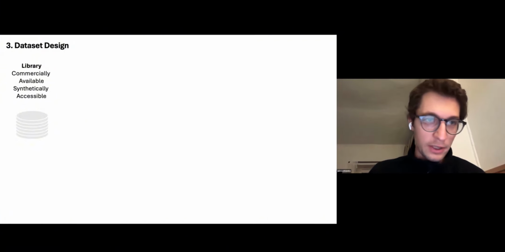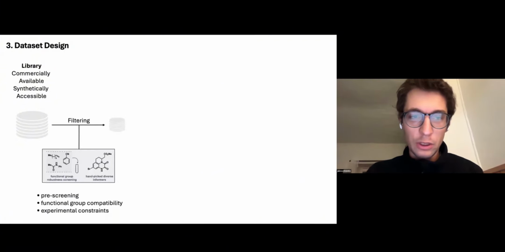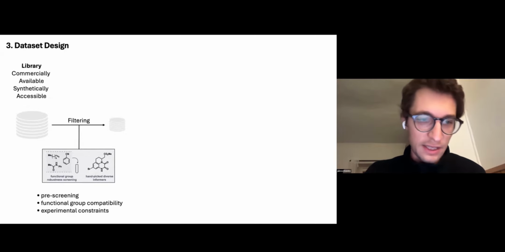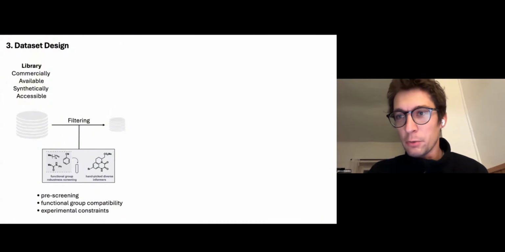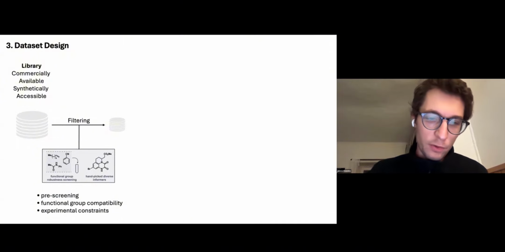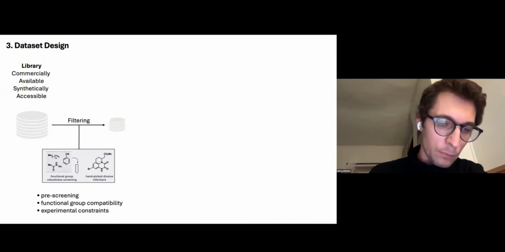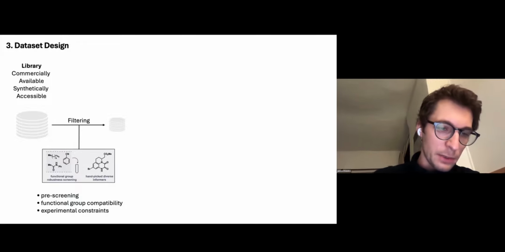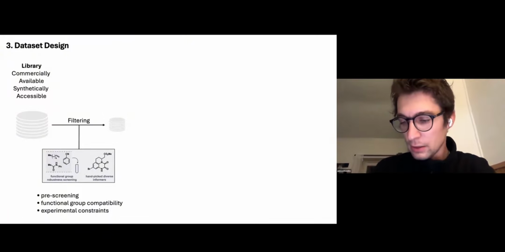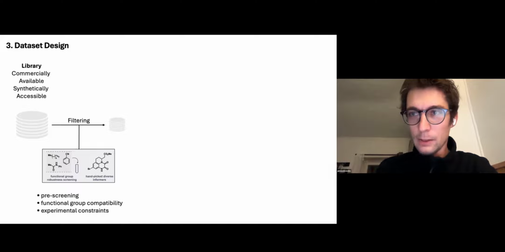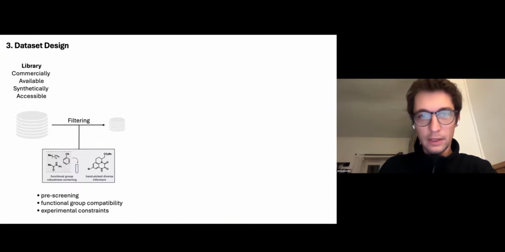And once you've enumerated your virtual library, you're going to start with some kind of processing. So if you're thinking about a reaction, maybe you want to remove all the reactants that you know are incompatible with the reaction, or you can do pre-screening of functional group compatibility. And for that, I think the Glorius group has a lot of experience and a lot of references that are useful to think about that.